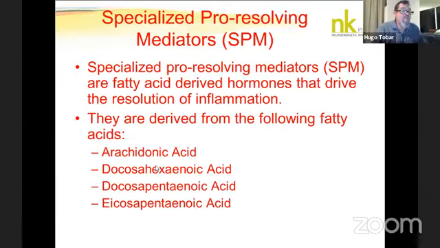And they're derived from these fatty acids.